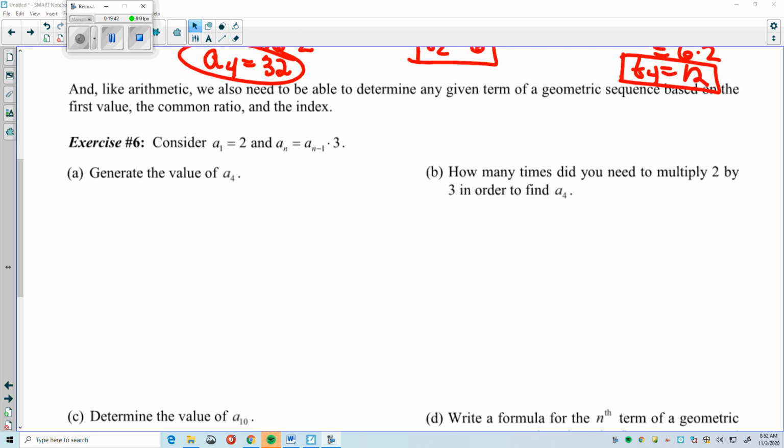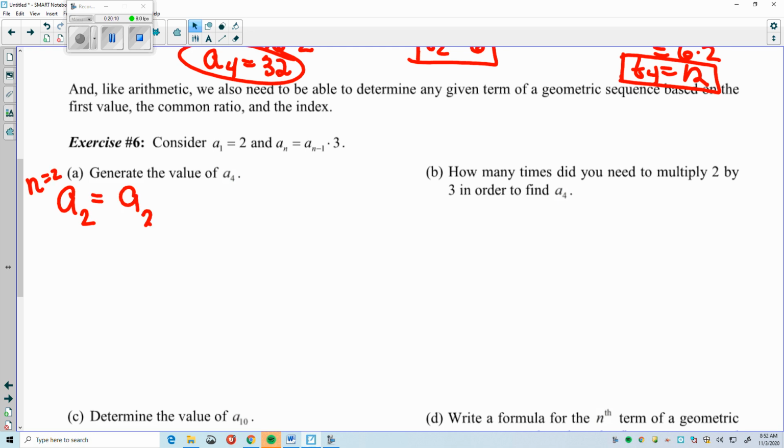So for exercise 6, we have: consider a sub 1 is 2, and they give us this formula here. It's saying that in order to find my next term, I need the term before times 3. So I have to generate the value of a sub 4. In order to do a sub 4, I need a sub 3, and in order to do a sub 3, I need a sub 2, and so on. So in order to get a sub 2, again, that means n is going to be 2.